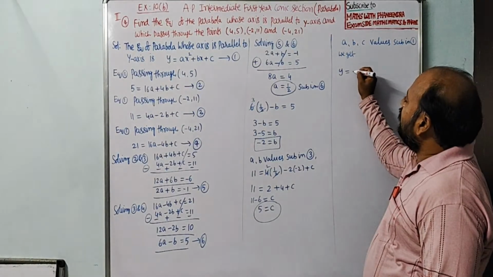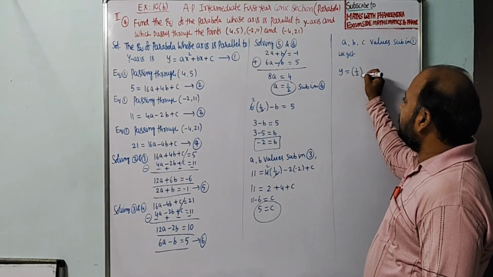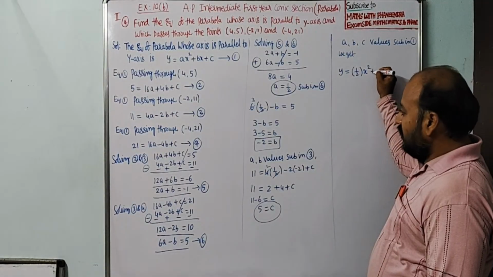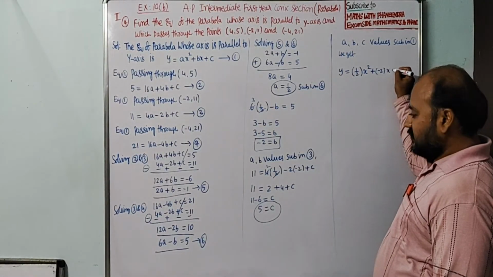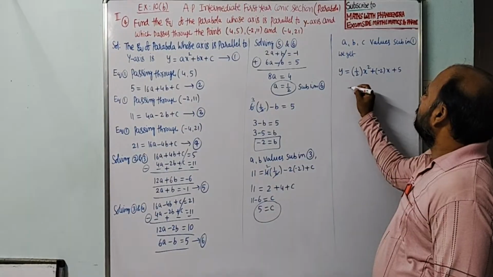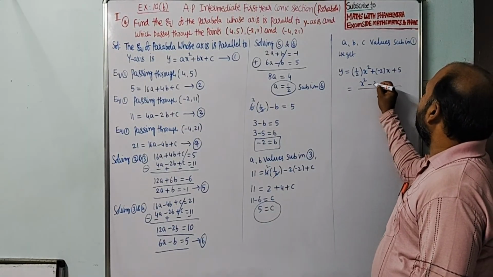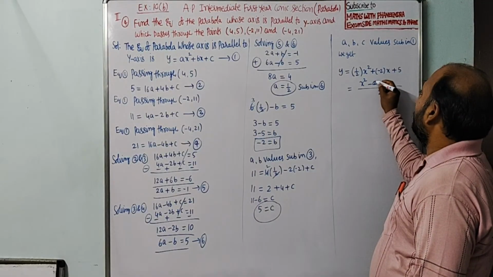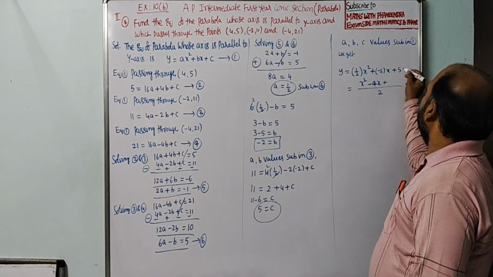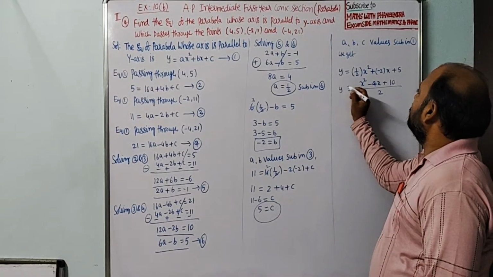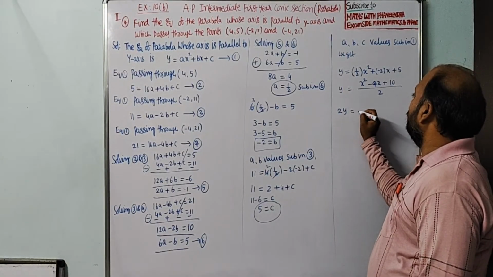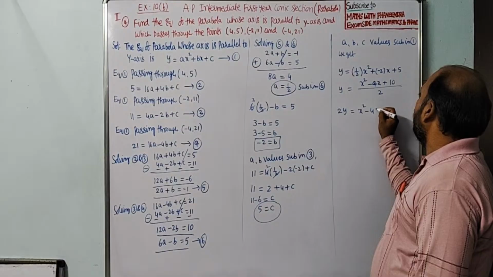We get y is equal to a value 1 by 2 x square, b value minus 2 into x, c value plus 5. Taking LCM 2, x square minus 4x plus 2 into 5, 10. So cross multiplying, 2y equal to x square minus 4x plus 10.